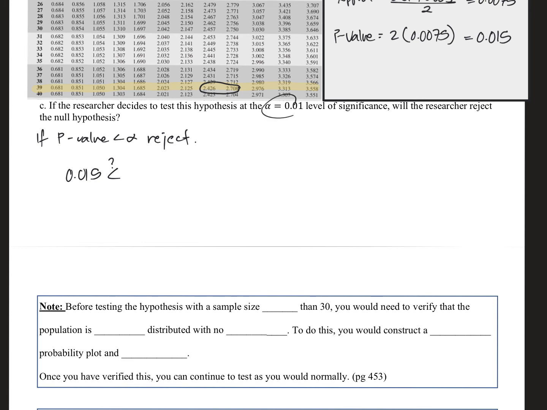And what's our alpha? 0.01. And the answer is no, it's not less than. So since it's not less than, we're not going to reject the null hypothesis. So since the p-value is not less than 0.01, we do not reject the null hypothesis.